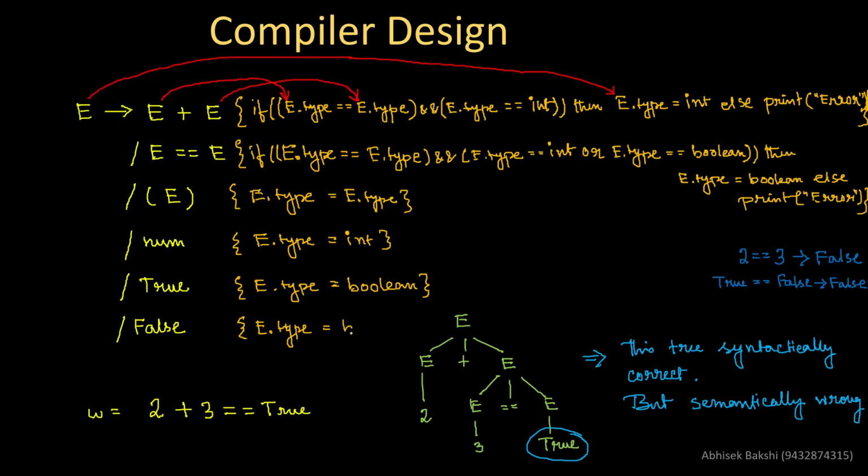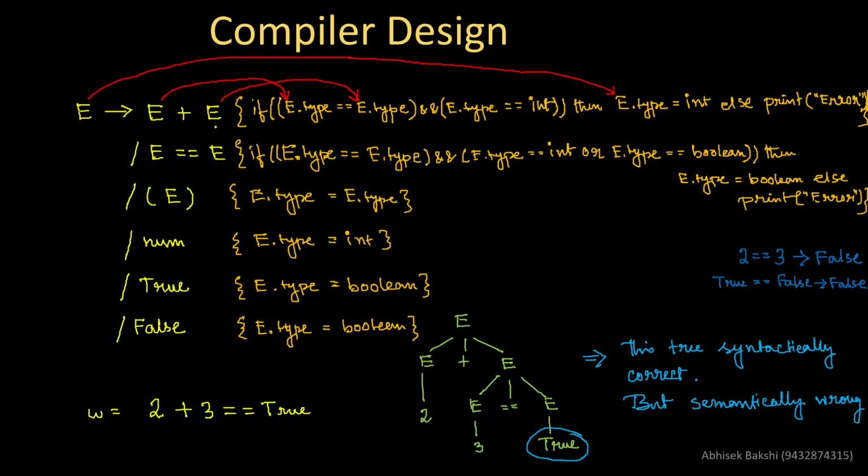And here also e.type equal to boolean. Now you may ask, sir, why have you not calculated the result, or added their result? Because it's not the exact complete set of rules for this particular production rule.